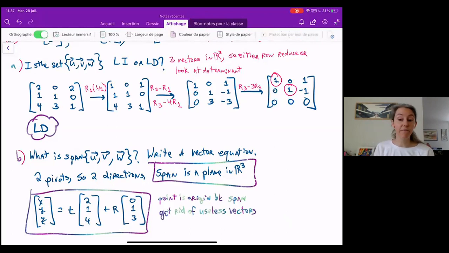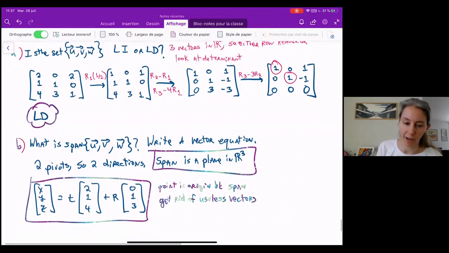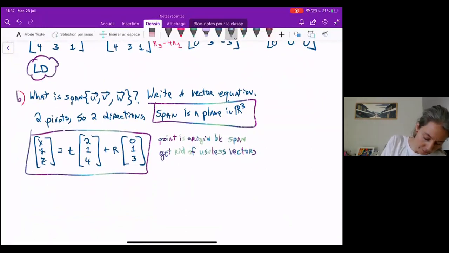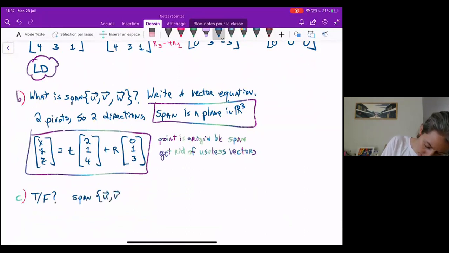If I wanted a general equation for this plane, I would do the cross product of those two vectors to get my normal vector. Now C, the question is true or false? Span u, v, w is equal to the span of u, v.